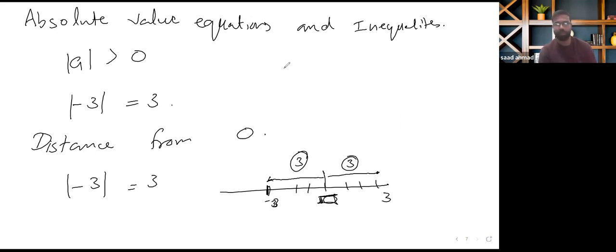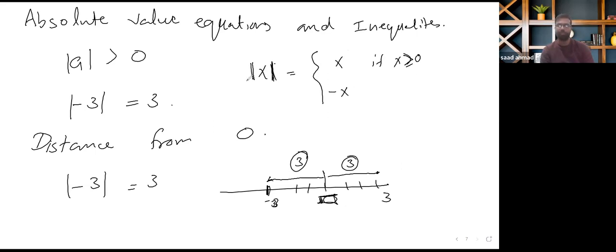The absolute value of x, its formal definition, we write as a piecewise function. The absolute value of x equals x if x is greater than or equal to 0. If x is greater than or equal to 0, this function just behaves as it is.